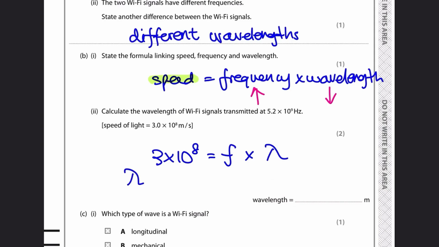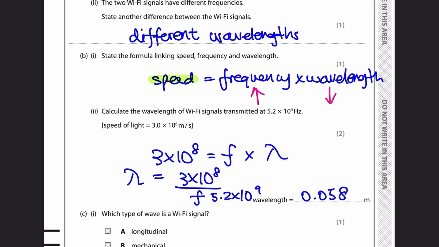So wavelength equals 3 times 10 to the power of 8, which is the speed, divided by frequency. And frequency is this number here, 5.2 times 10 to the power of 9. And if you do that on your calculator, you should be getting 0.058 meters.